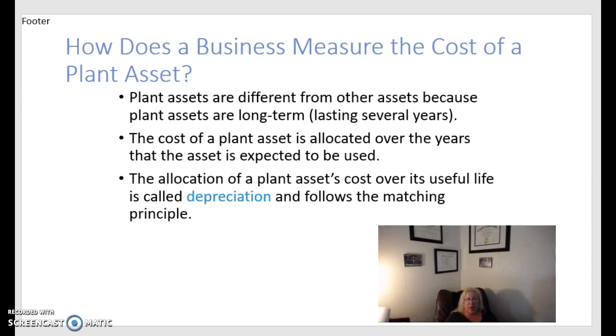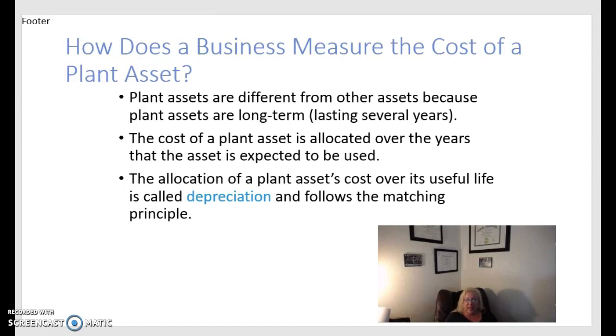Depreciation is the process by which businesses spread the allocation of a plant asset's cost over its useful life. The matching principle ensures that all expenses are matched against the revenue of the period. Because plant assets are used over several years, a business will record a portion of the cost of the asset as an expense in each of those years.